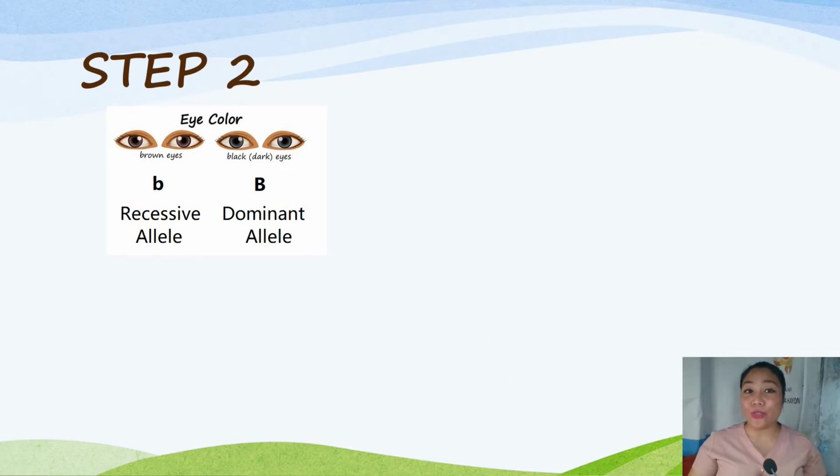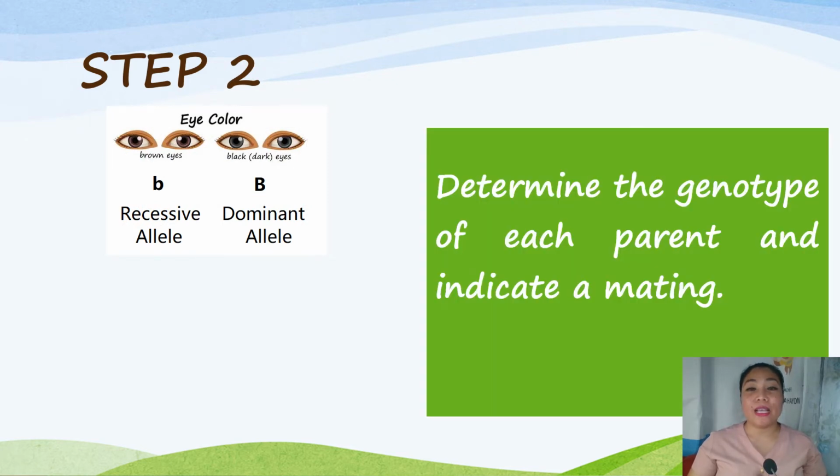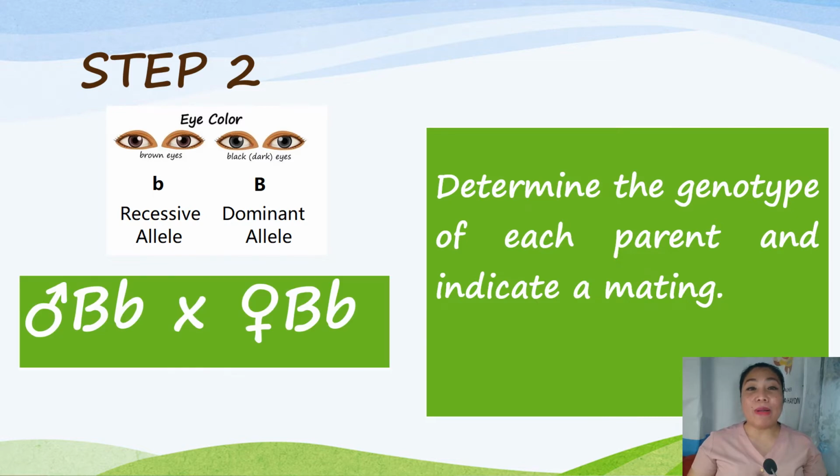Step number 2. Determine the genotype of each parent and indicate a mating. Now let us assume that both parents are heterozygous for the trait of eye color.